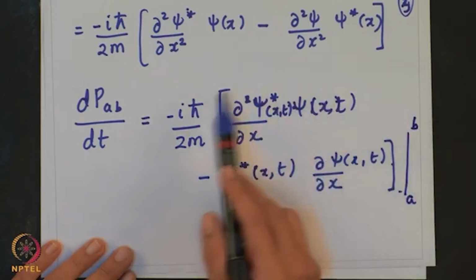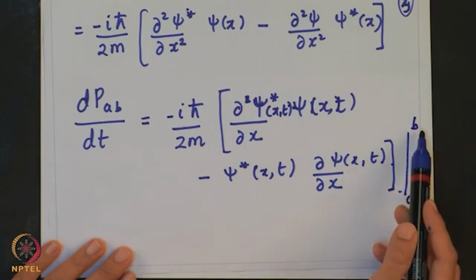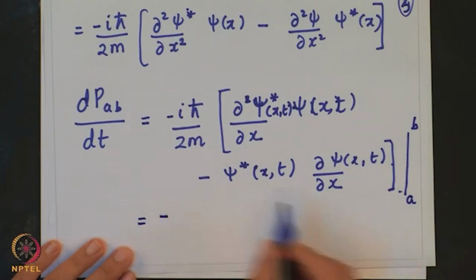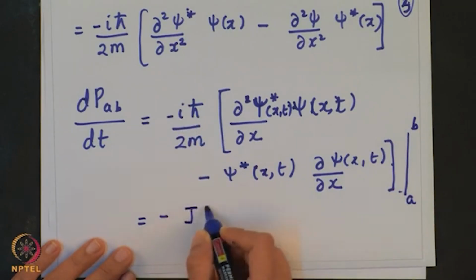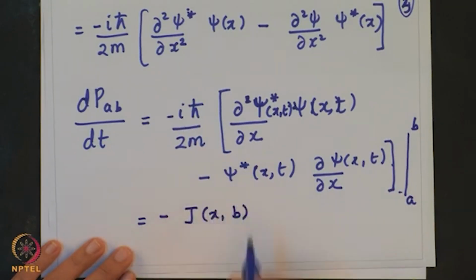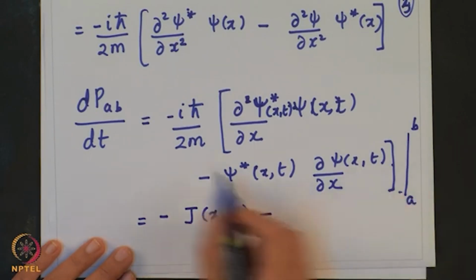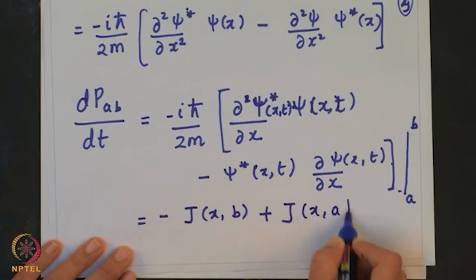So, the first part, when x is equal to b, you obtain j of x comma b, minus the lower limit, so that will be x comma a.